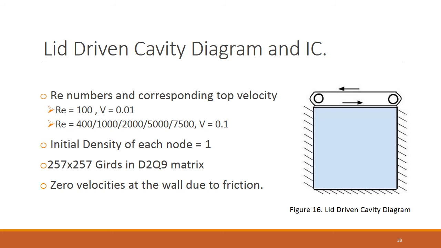We also know the initial density of each node is 1 everywhere, and at each iteration when we add up all the densities, we should get to 1 by convergence. We're going to use a grid of 257 by 257, and as we mentioned, at the boundaries the speed is equal to 0. Alright, the next slide.